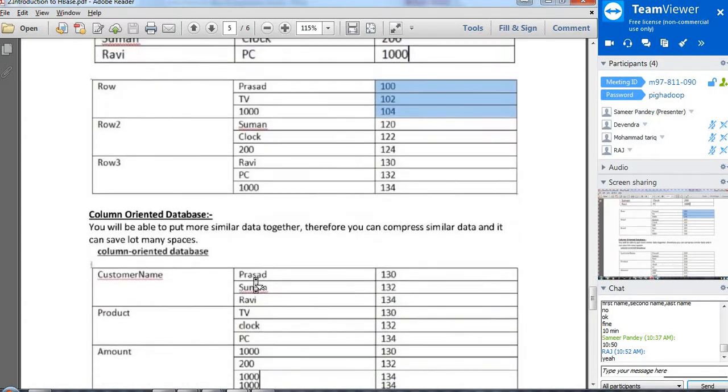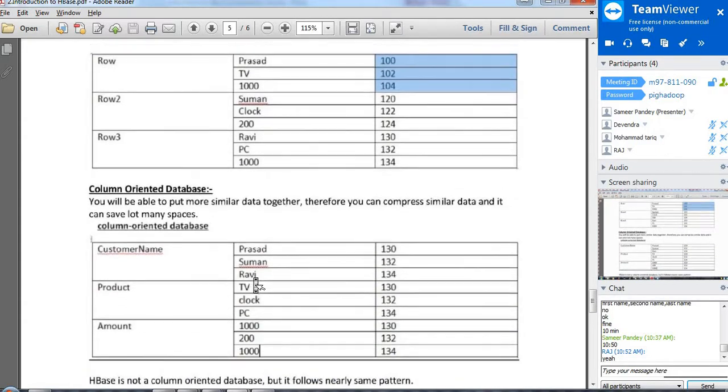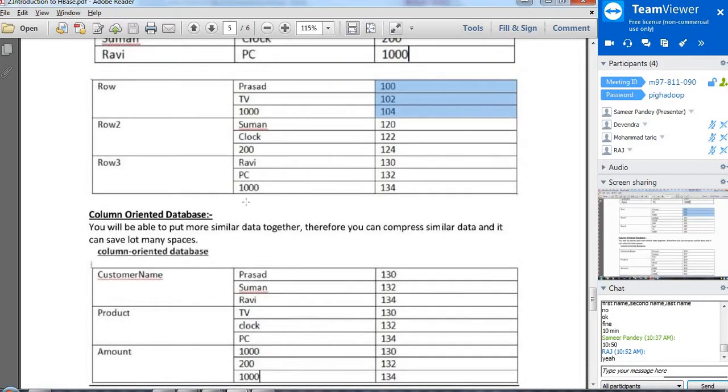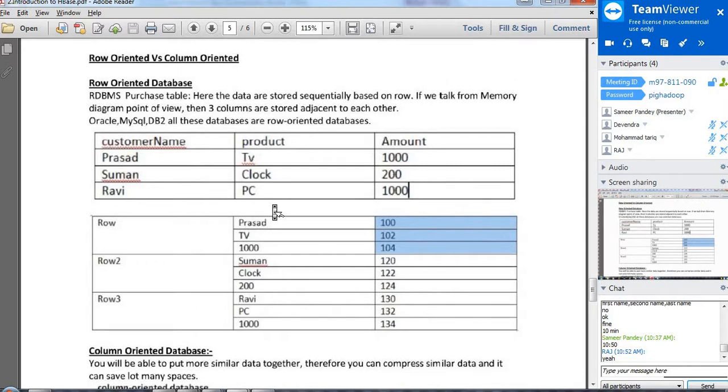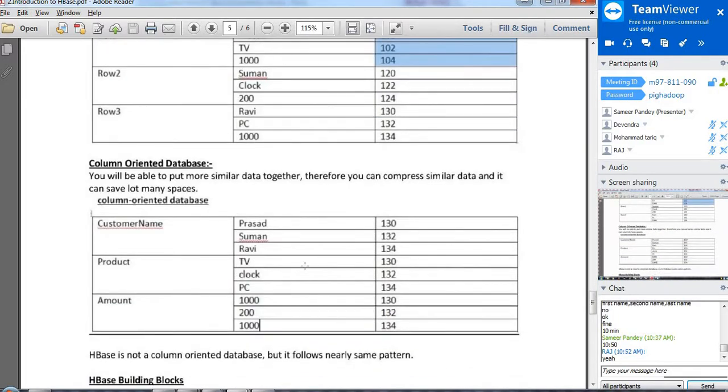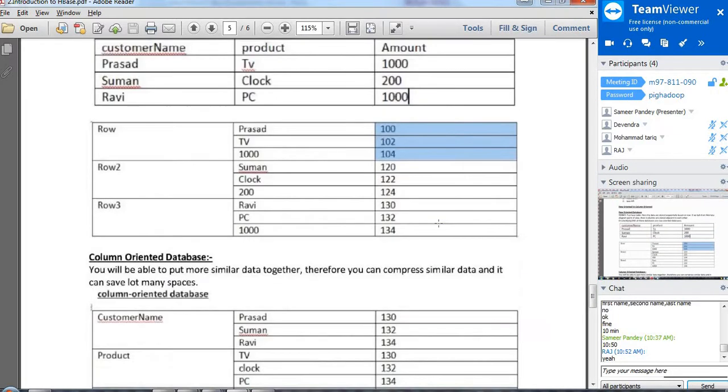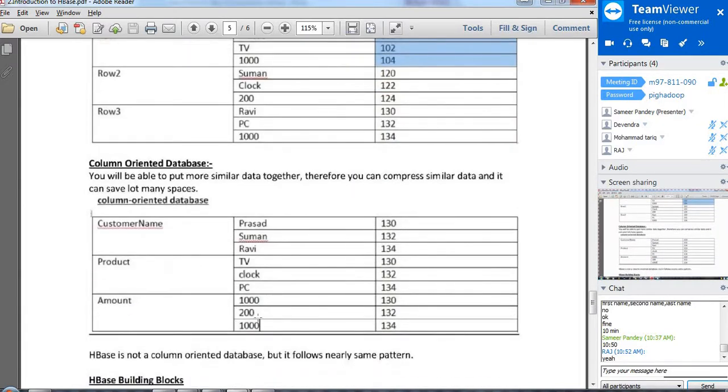Now second thing is your TV, clock, PC. Third thing is amount. Amount is your 1,000, 200, and 1,000.